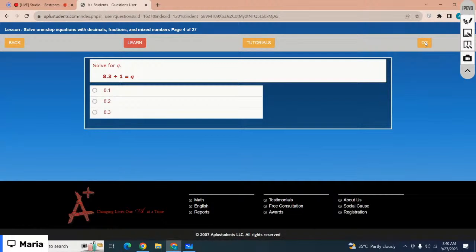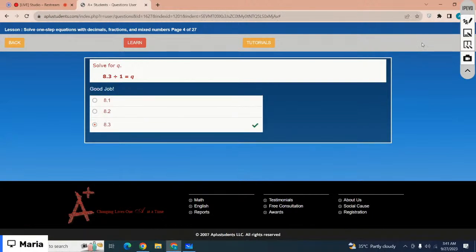Okay, 8.3 divided by 1 equals, the correct option is 8.3, because you have to divide by 1. Any number divided by 1 equals the same number.